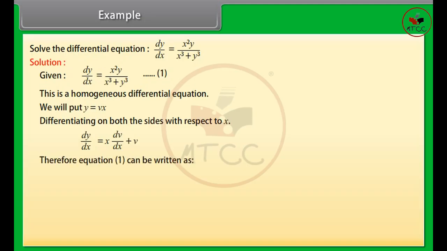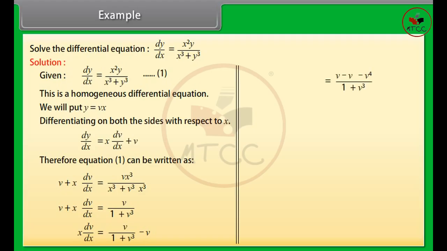Therefore, equation 1 can be written as v plus x into dv by dx equals vx cube by (x cube plus v cube x cube). v plus x into dv by dx equals v upon (1 plus v cube). x dv by dx equals v upon (1 plus v cube) minus v equals (v minus v raised to the power 4) upon (1 plus v cube).